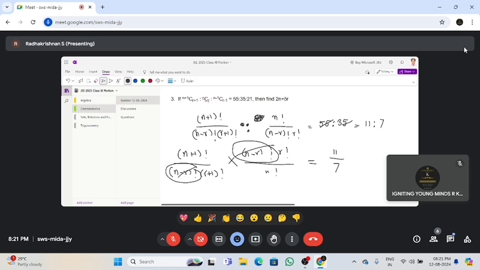What else can be cancelled? If you cancel n plus 1 factorial and n factorial, what will you get? Where, the numerator or denominator? Can you tell me? Tony or Geeta?